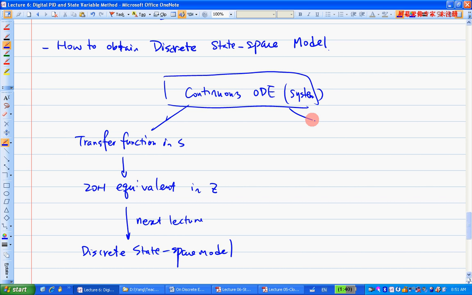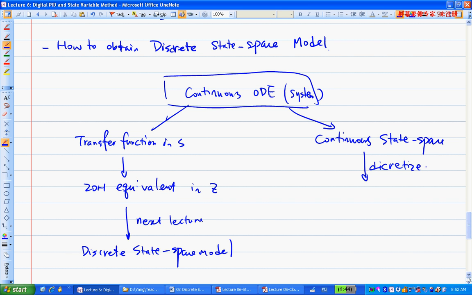And the other branch is this. Instead of getting a transfer function, you convert the ODE into a continuous state space model. This is basically modern control: when you learn modern control, the first step is to convert your ODE into a state space model. Then from the continuous state space model, we discretize it.